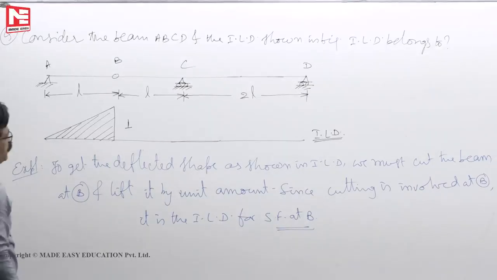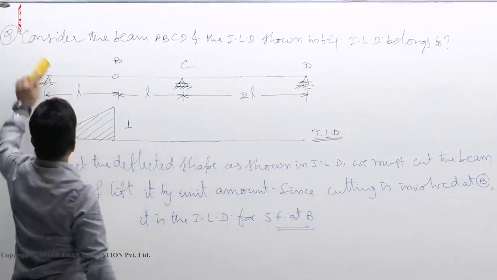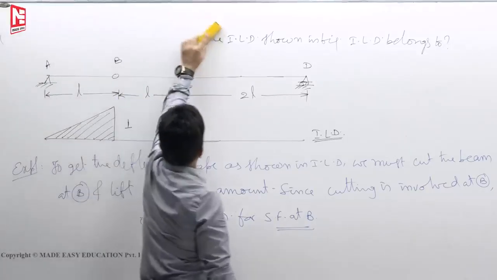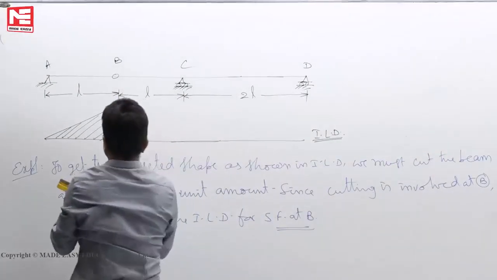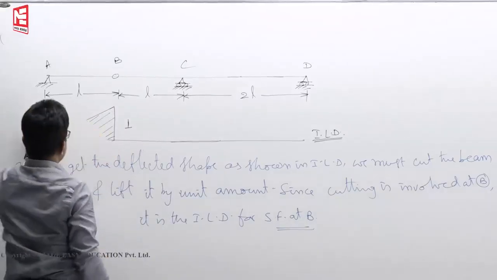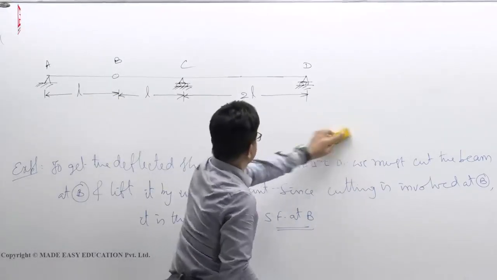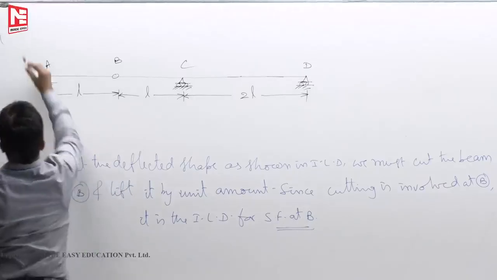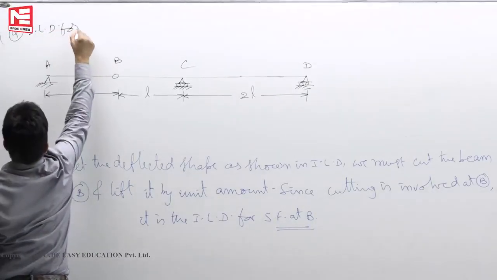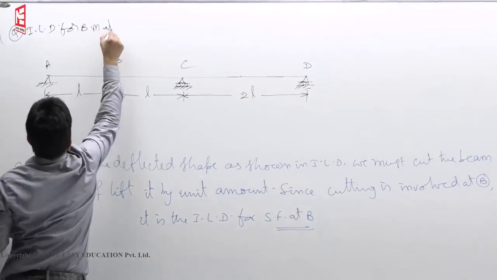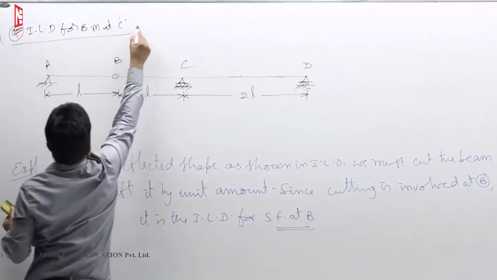Now, if you want to draw ILD for bending moment at C, how can the diagram be drawn?